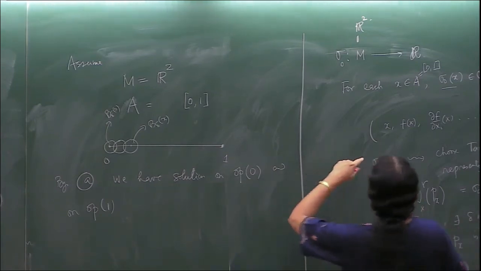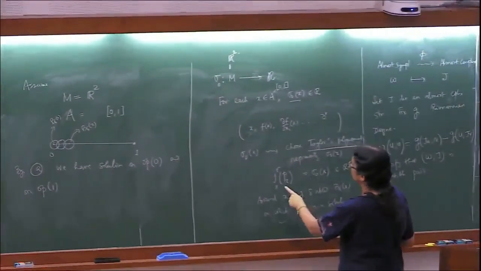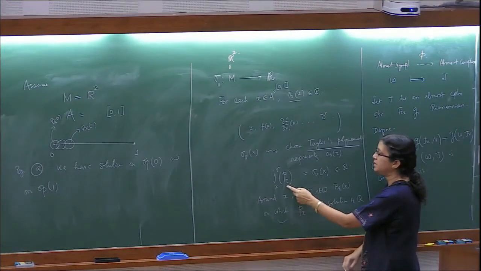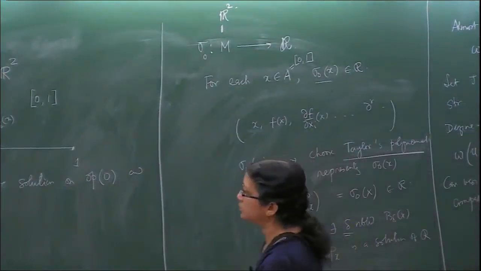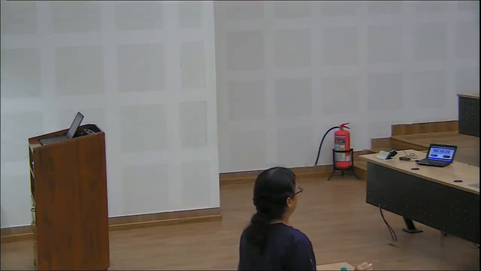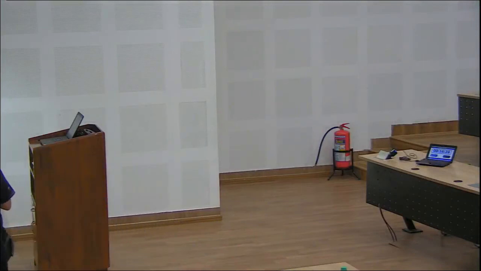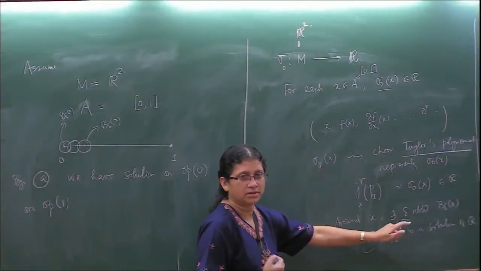So this is the thing. I start from sigma naught x, which is in R, take the Taylor's polynomial representative P x, because j r P at x belongs to R, P x must be a local solution of R, and that is on some delta neighborhood. What I claim is that you can choose this positive number delta uniformly for every point x. I'm not going to prove all these things. That is the main thing. At every step you will see there is a uniform choice of such positive numbers.